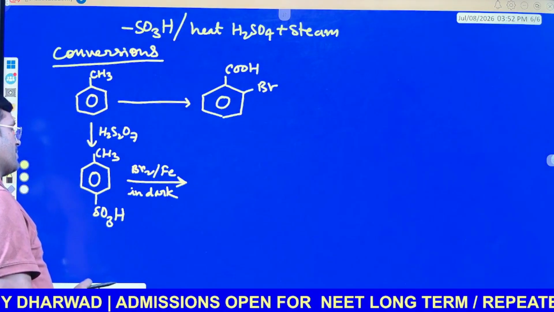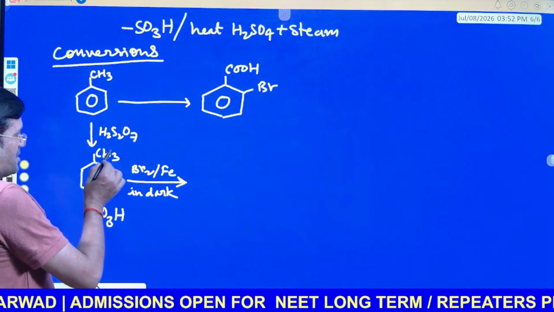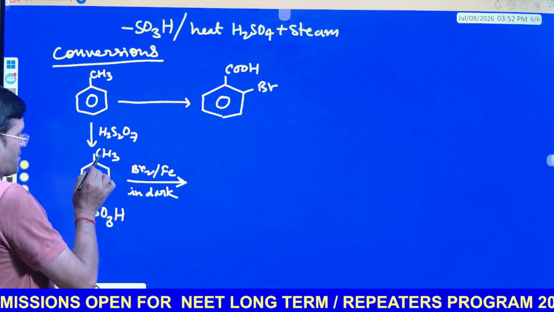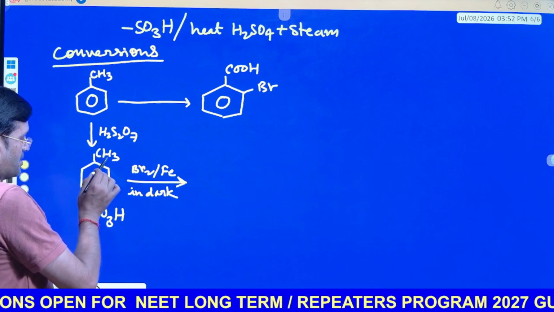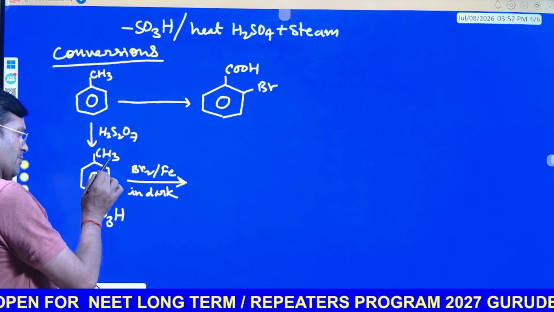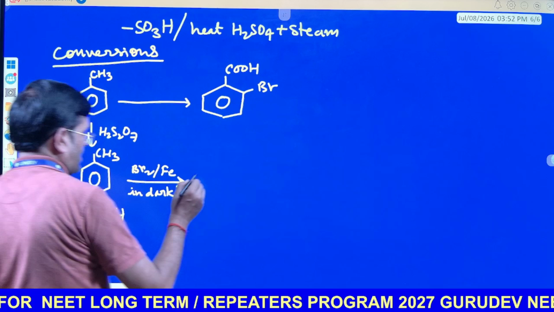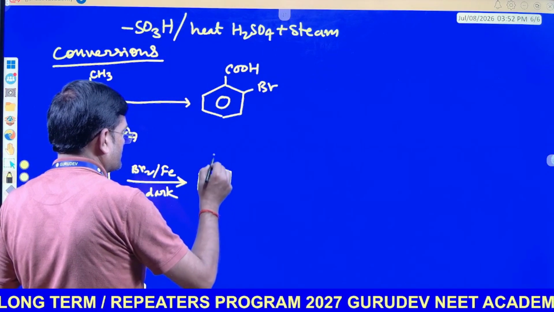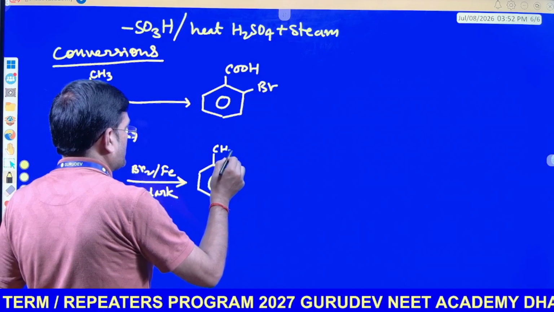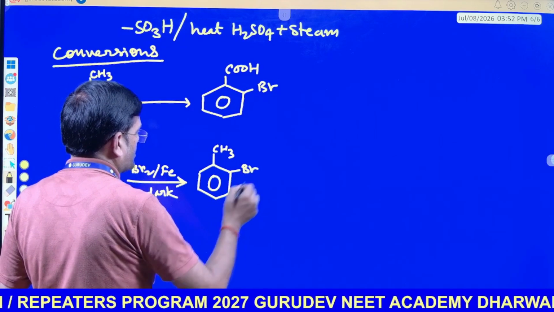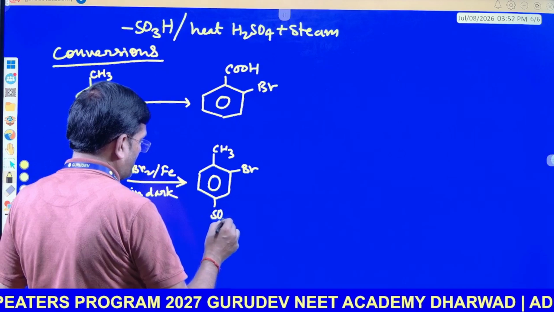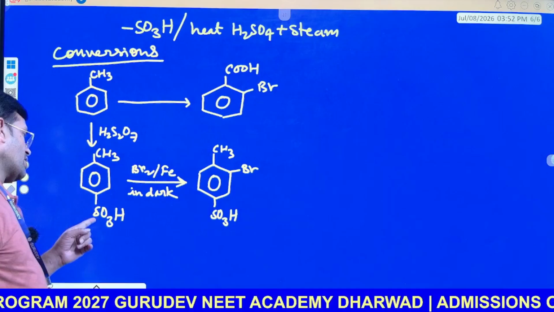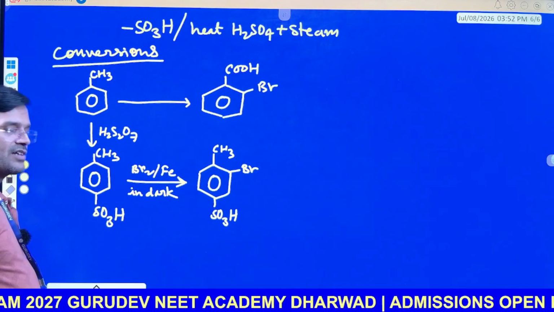So what will happen? This is ring deactivating, this is ring activating. So the product will form as per this one. So what we are having, CH3 Br comes here without having any para substitution, because para is blocked by sulfonic acid SO3H.